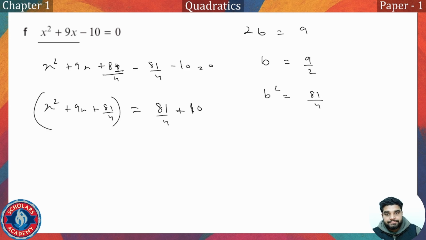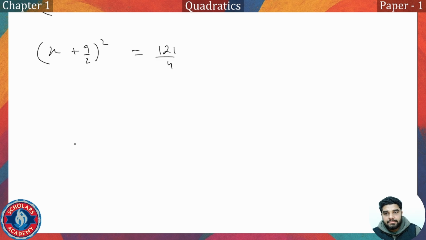We get (x + 9/2)² is equal to, we'll add these, we get 121/4. Taking the square root on both sides, we get x + 9/2 is equal to 11/2, plus-minus. x is equal to negative 9/2 ± 11/2.